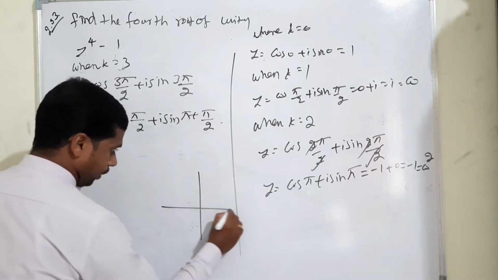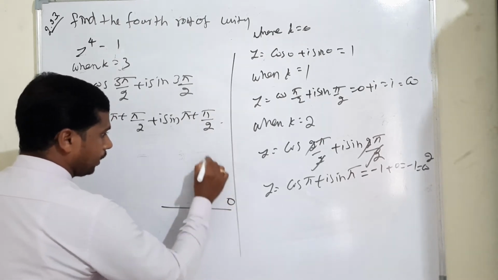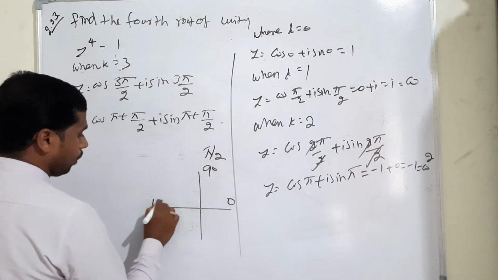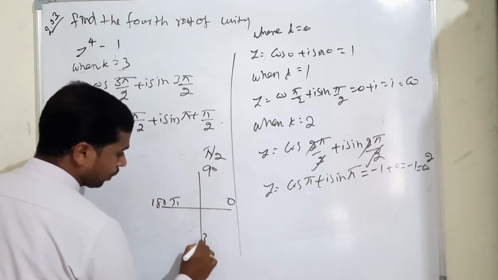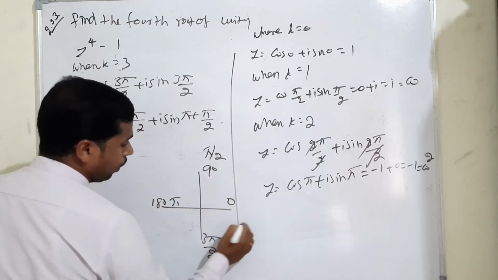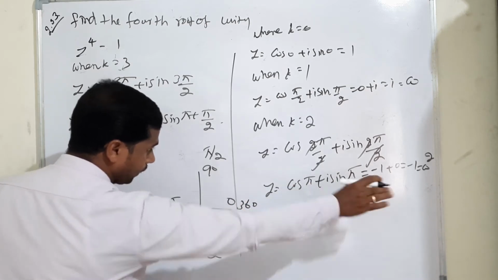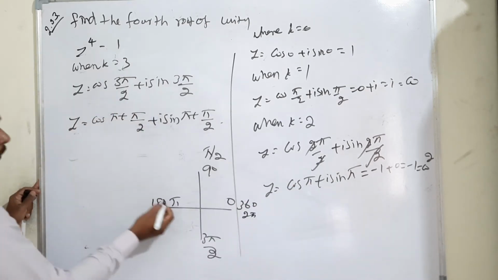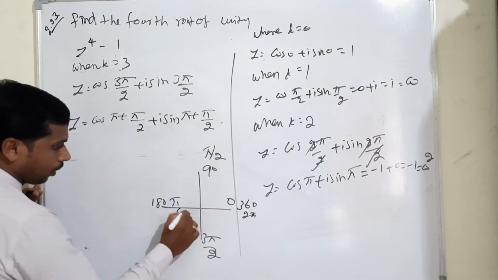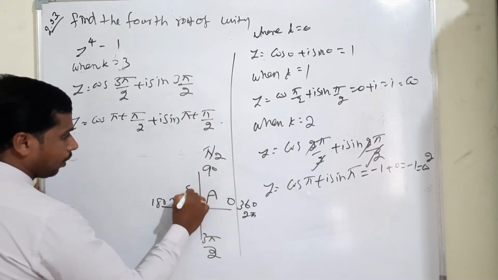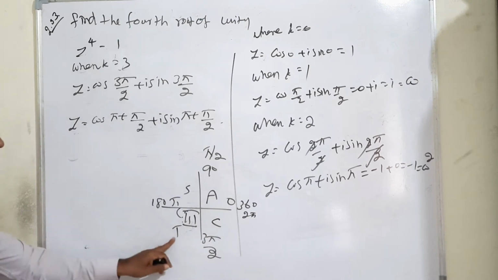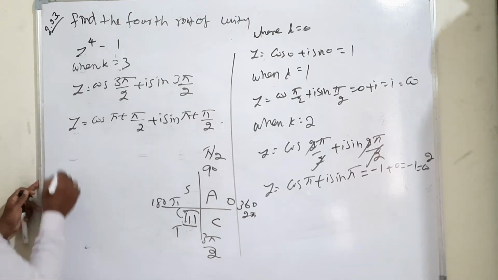If you make the unit circle, 0, 90 means pi by 2, 180 means pi, 270 means 3 pi by 2, fourth quadrant 360 or 2 pi, and it keeps moving on. The condition pi plus means it lies in the third quadrant. Third quadrant means all, sin, tan, cos: only tan is positive. Here both terms will be negative.